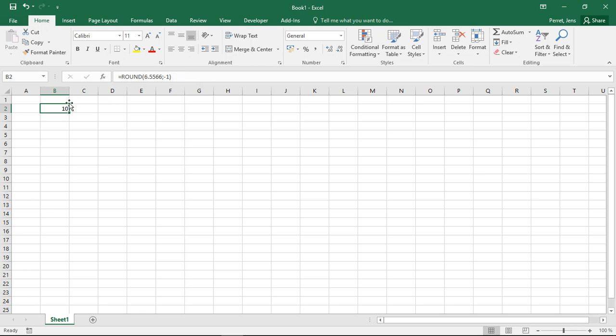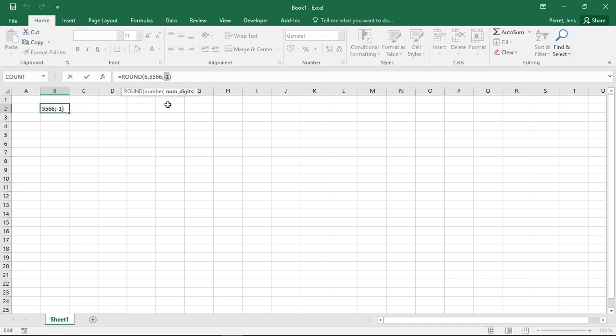If there's a 0, then it rounds with regard to the decimal point. If there's a 1, one away to the right. If there's a -1, one away towards the left. So here we see we can round on different decimals, but also to tens, hundreds, stuff like this.